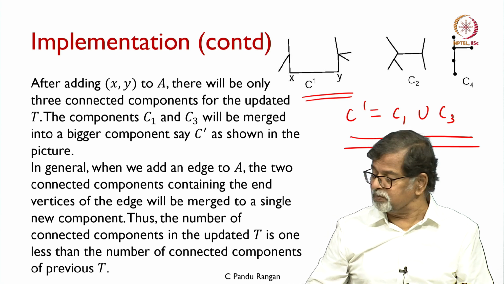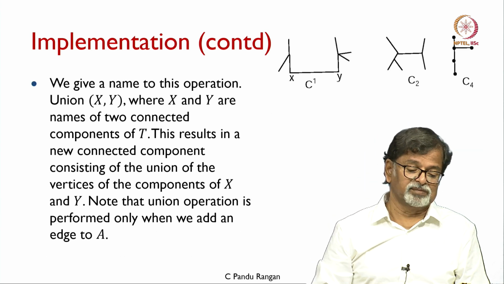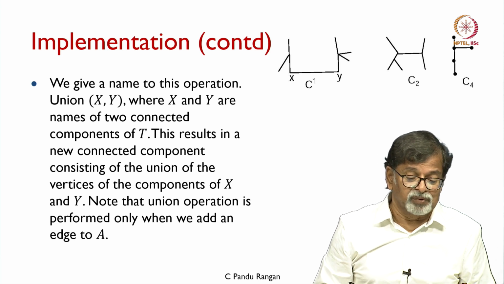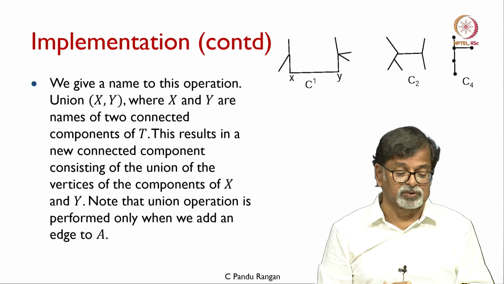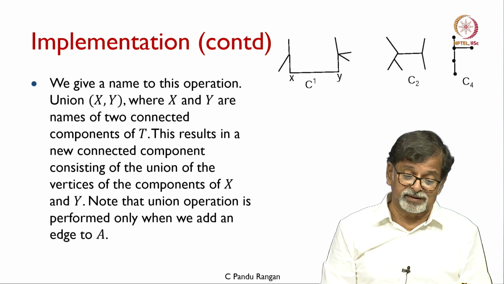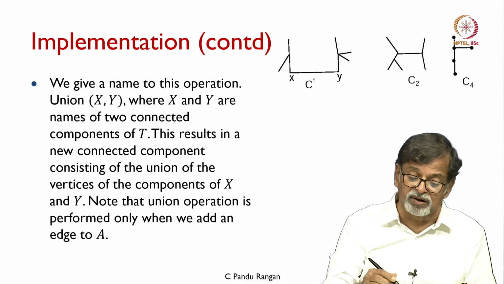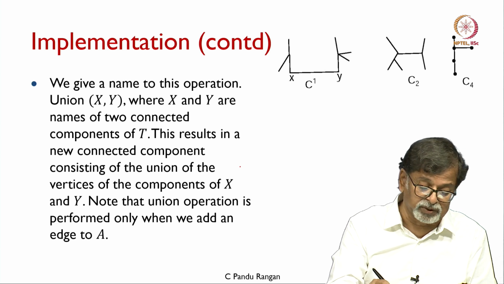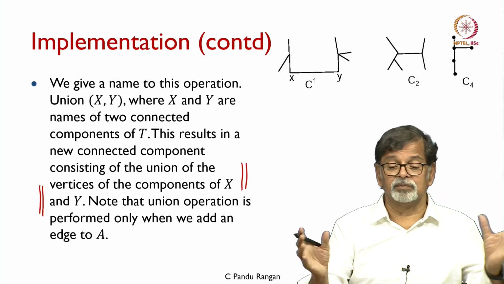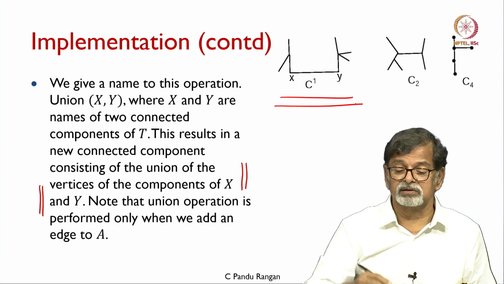We call that operation the union operation. Union operation, where x and y are names of two connected components, results in a new connected component consisting of the union of the vertices of the components x and y. Put them together like this.